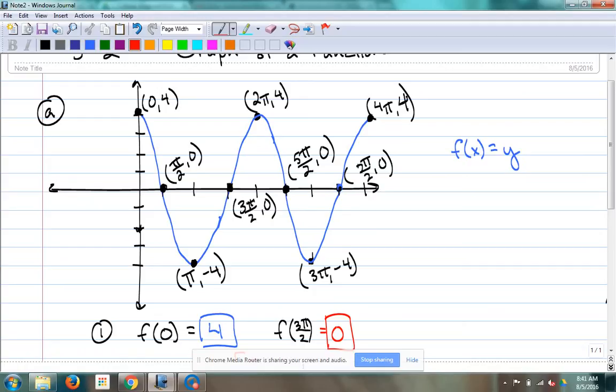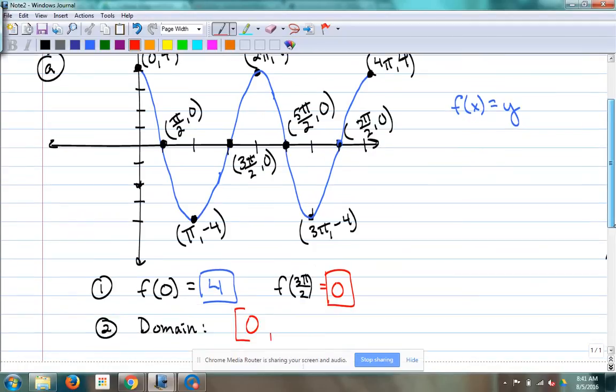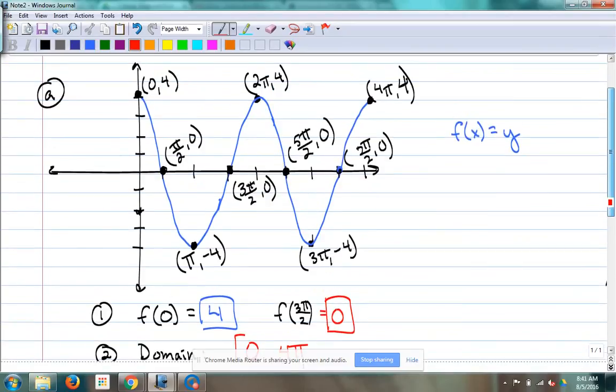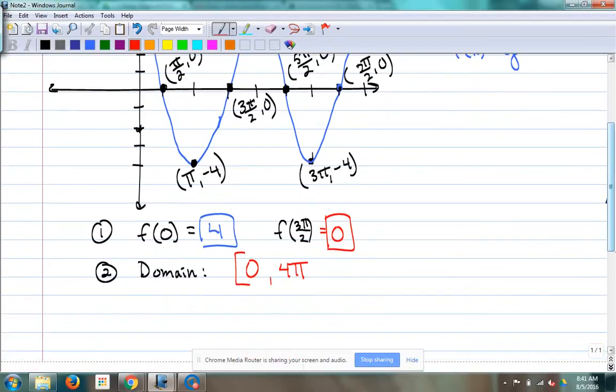So that 4 pi is where we're going to. Is it included? If we look at our graph, is it a filled in dot? Yes, so it is included. So that means it should have what beside it? Bracket. Good. If it's an empty circle, that's where you're going to have the parentheses.